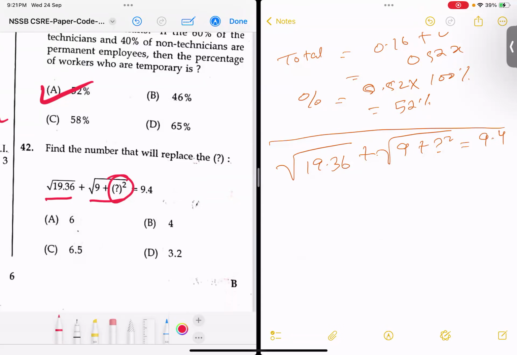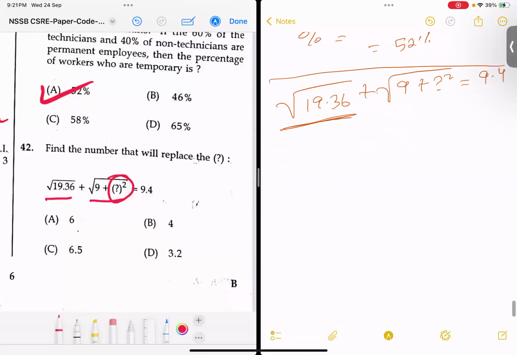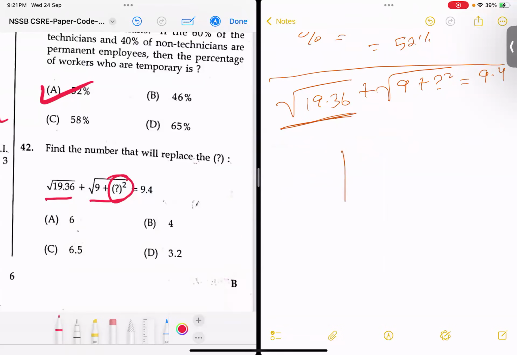Now let's find the root of this, okay? We all know in order to find that root, we use that method. 19.36, right? We'll start grouping two numbers together from the decimal point. So on the left side, 19 should be grouped together, and on the right side, 36 should be grouped together.